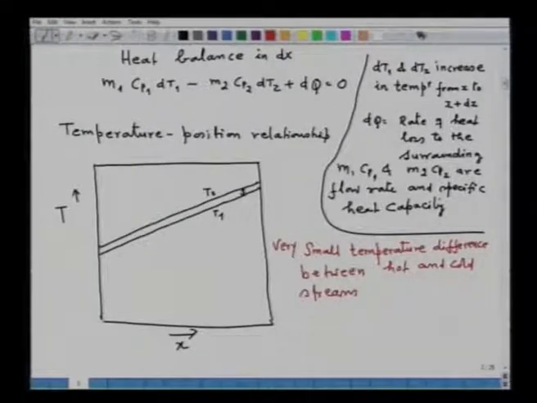So, what does it mean? This very small temperature difference suggests that the separating wall is offering zero thermal resistance. That means all the heat from the hot fluid is being transferred to the cold fluid across the separating wall.